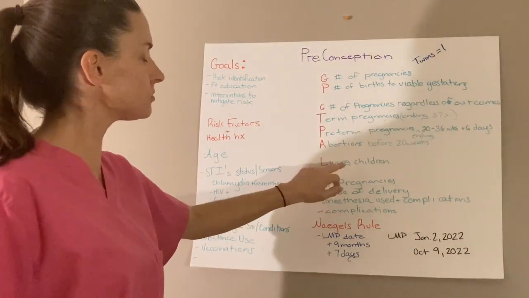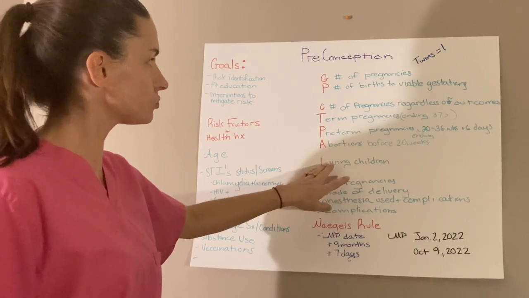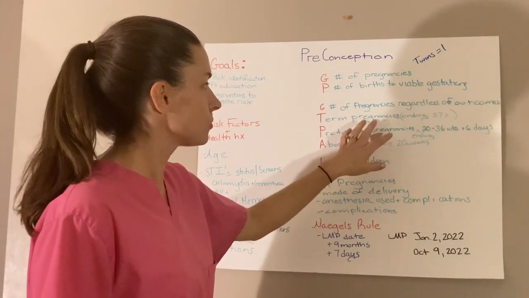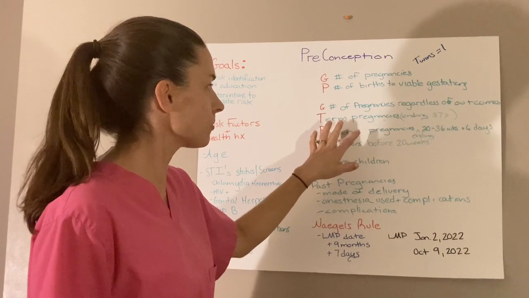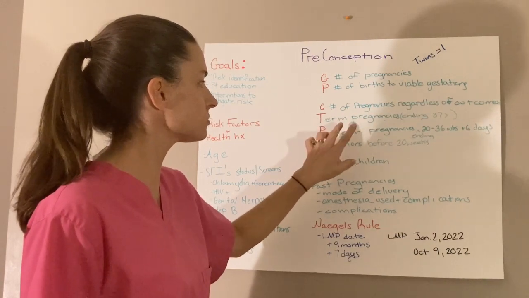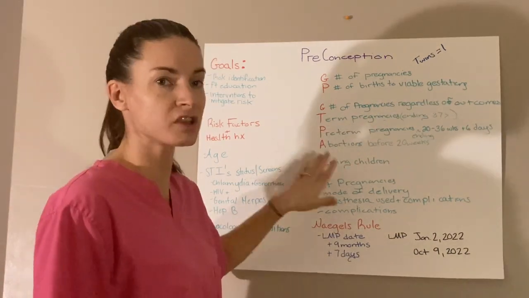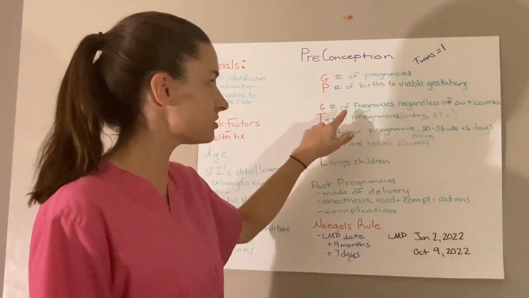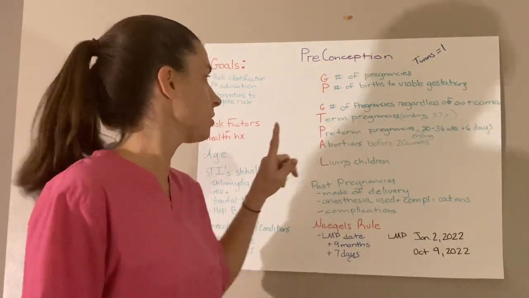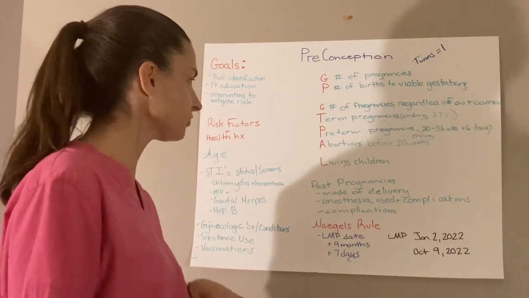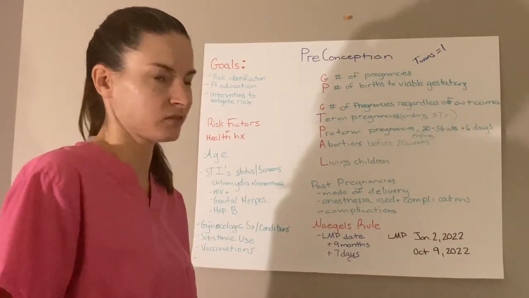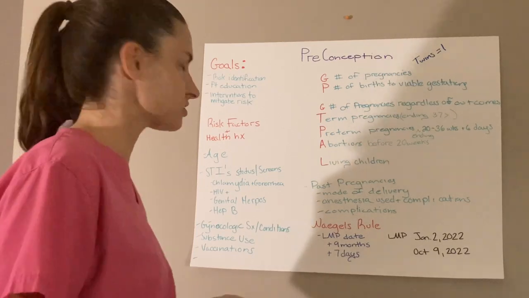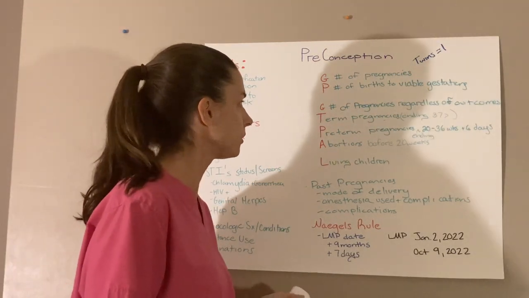And they would be 2 in living children. Twins were term, that would still count as 1. The only time twins are 2 is living children. Under pregnancy, they're 1. Okay? A lot of people just get their test questions wrong because of that.